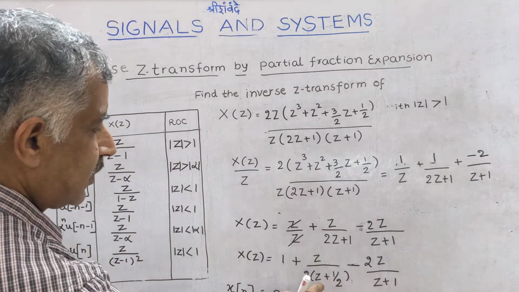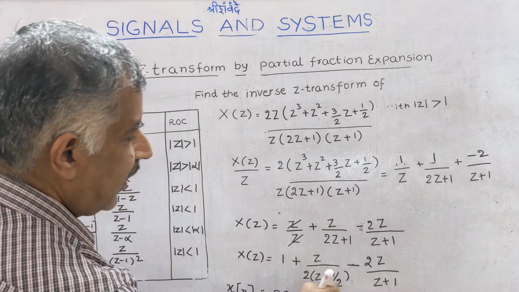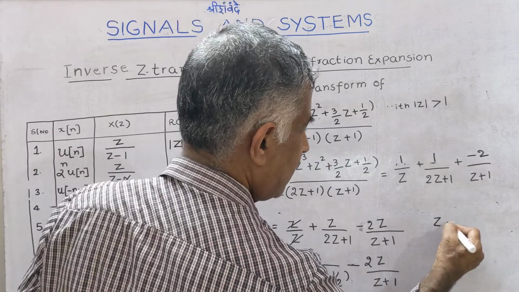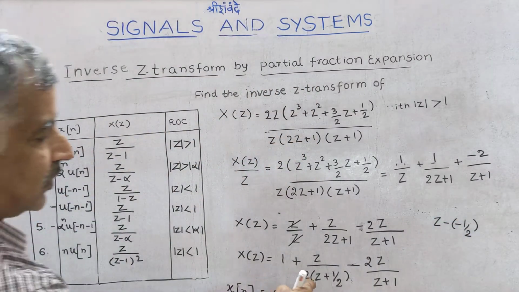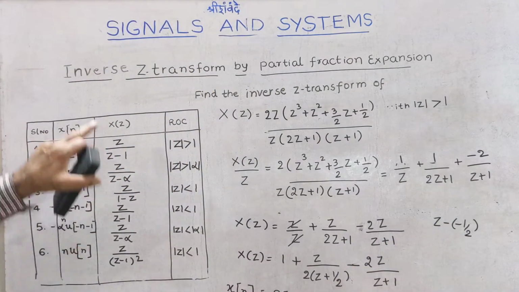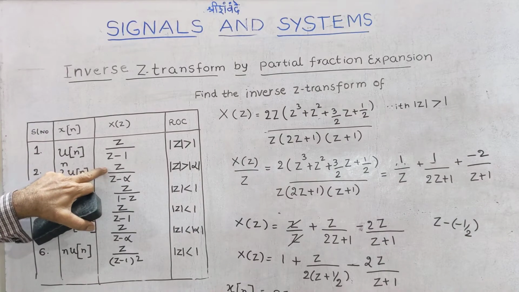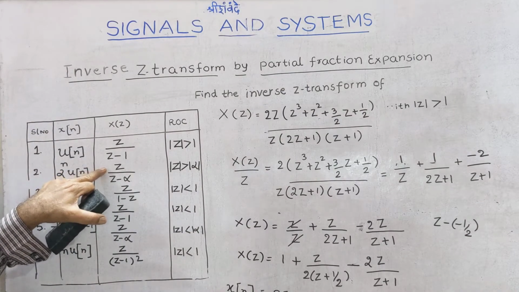Now, z over z plus half: one can write z plus half as z minus of minus half, where alpha is minus half.